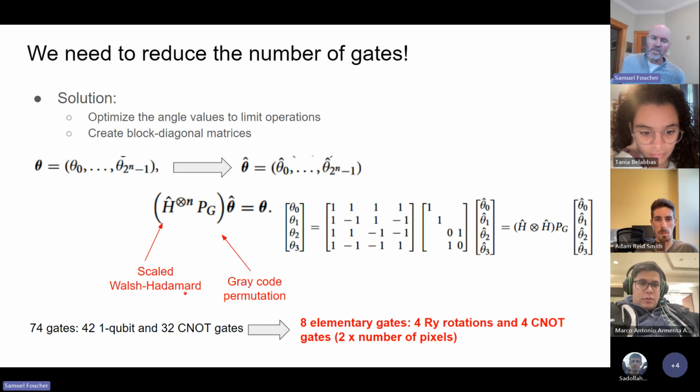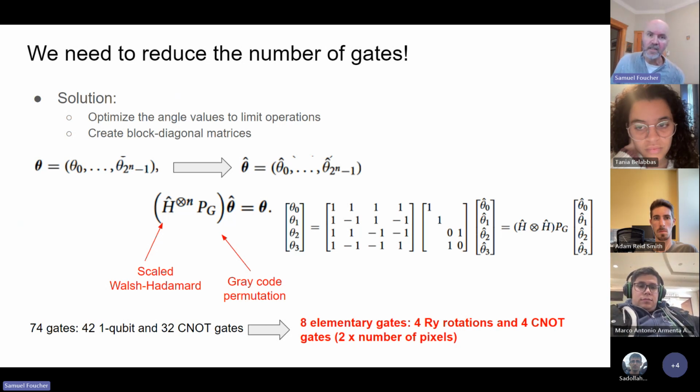The Walsh-Hadamard transform is well known in the signal processing domain because it's related to the fast Fourier transform. So this is a very efficient transform where you can use what we call a butterfly pattern that makes the computations very efficient. So it's like a cascade of the same pattern, and you can transform very quickly your input data. It's what we call the fast Walsh-Hadamard transform.